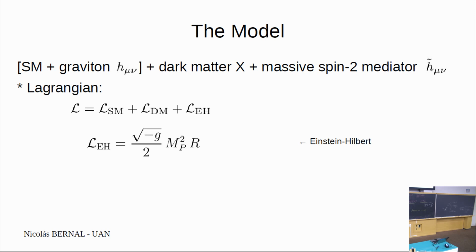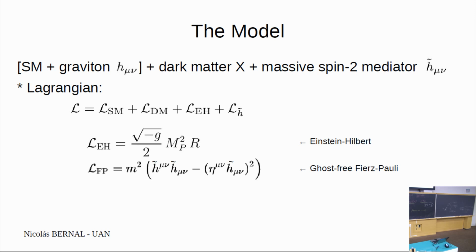So the Lagrangian is very simple. We have basically no choice. We have the standard model and the Lagrangian part corresponding to dark matter. Of course, we have the graviton, so we have to take into account the Einstein-Hilbert term for the graviton.